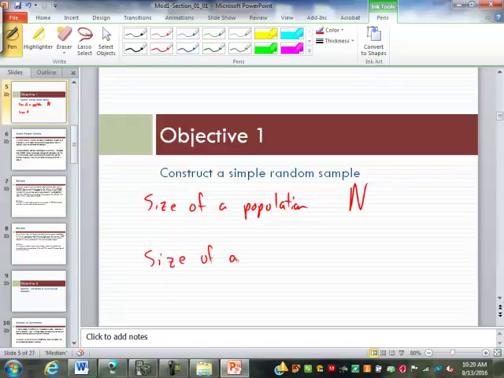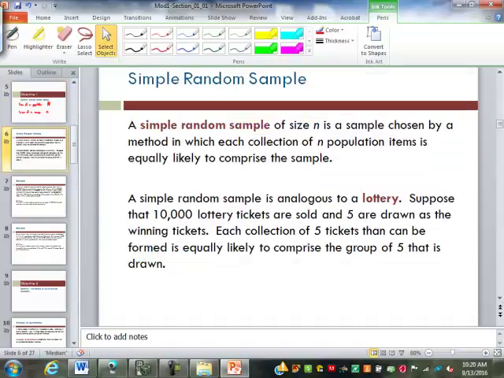The size of a sample is little n. That's how many items are in a particular sample. There are all sorts of little rules of thumb out there about how big the sample should be compared to the population, and we're not going to get into that right now.